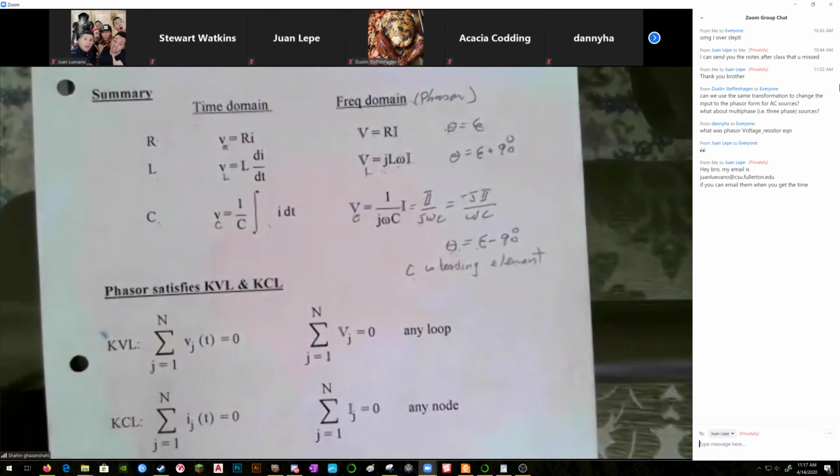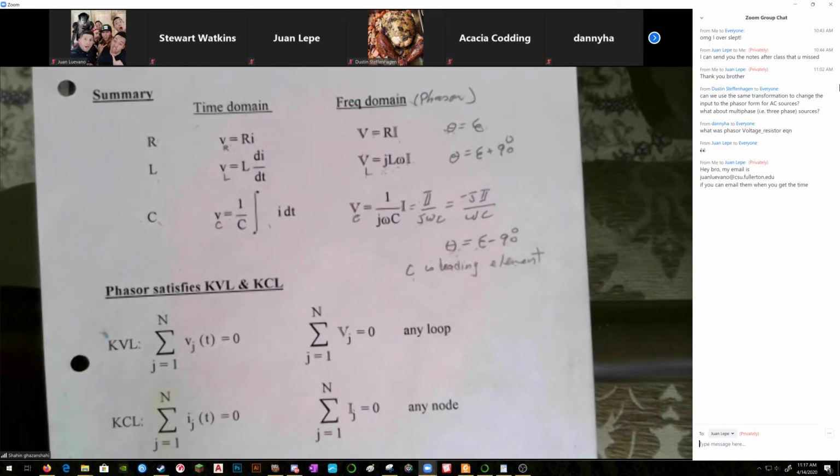And then we will do some real circuit analysis with different inductors, capacitors, and resistors. To answer some of your questions on the chat, you will see next class that yes, the phase angle can change.